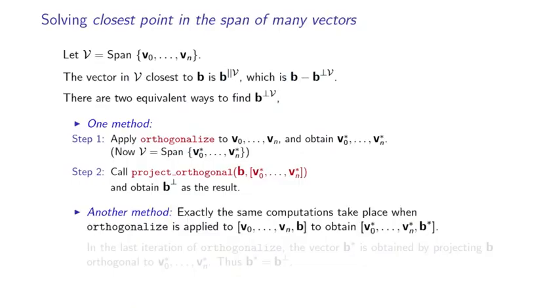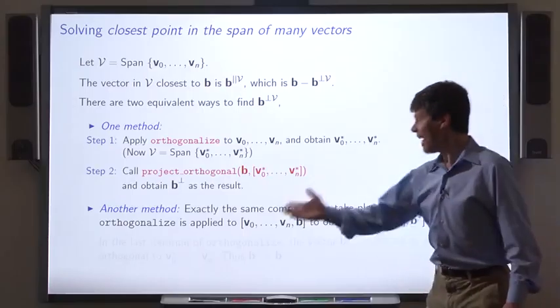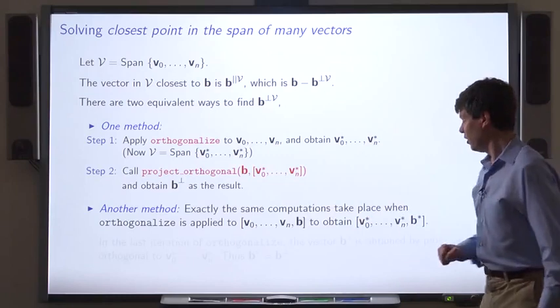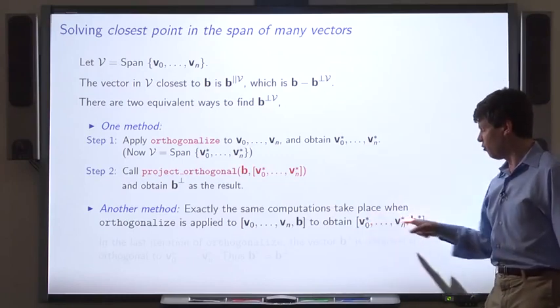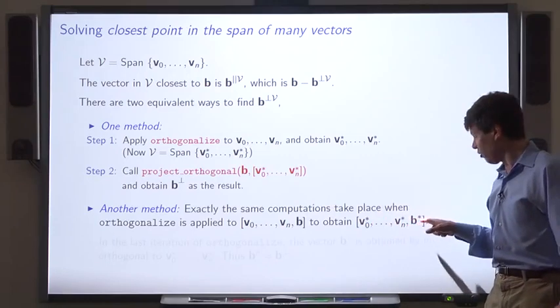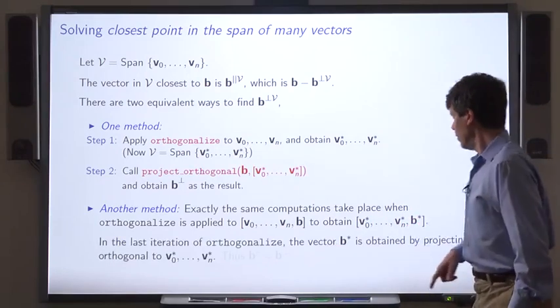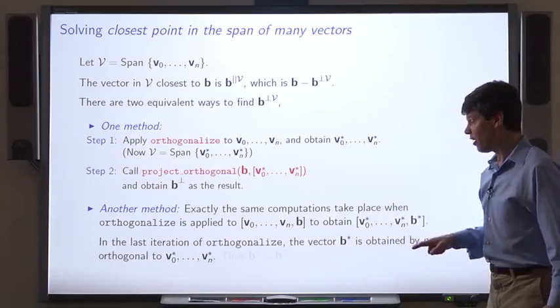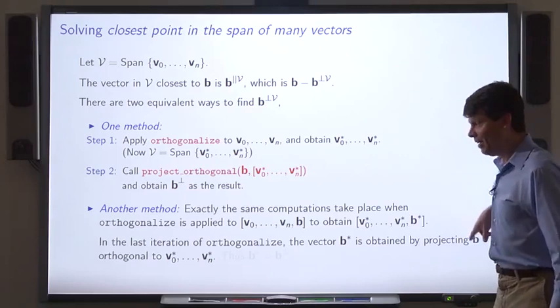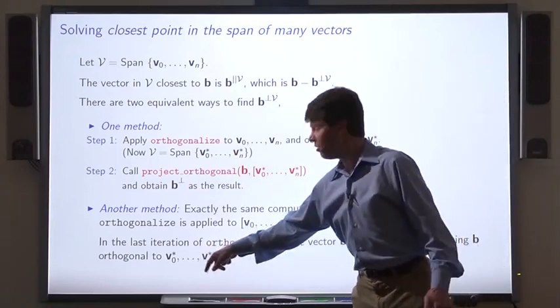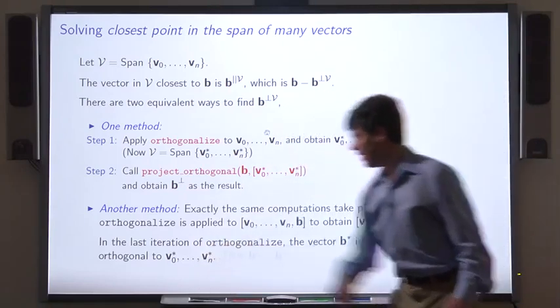Here's another method. We just call orthogonalize with an input list consisting of V0 through Vn together with B. And exactly the same computations take place. We get as an output the list consisting of V0 star through Vn star and a final vector I'll call B star. In the last iteration of orthogonalize, the vector B star is obtained by projecting the input vector B orthogonal to the previous starred vectors V0 star through Vn star.